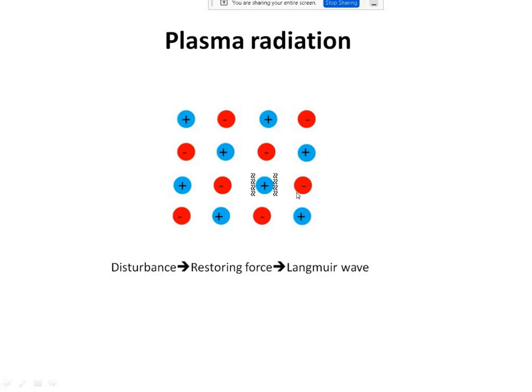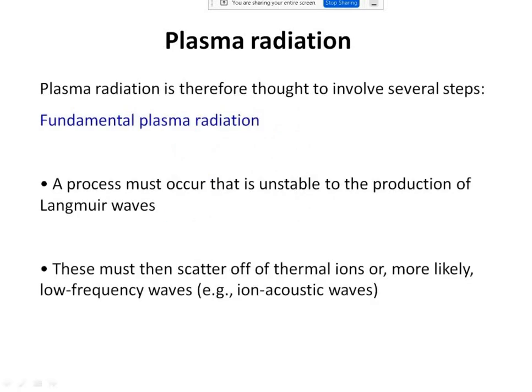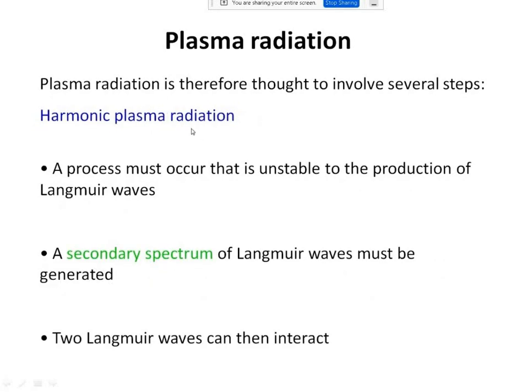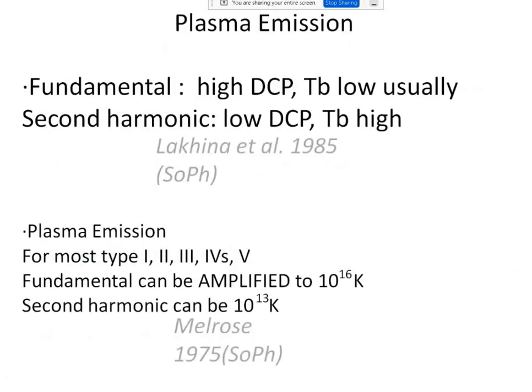So it starts to oscillate, and that's how the Langmuir wave is generated. So plasma emission is therefore thought to involve fundamental emission and second harmonic emission. For harmonic plasma radiation, a secondary spectrum of Langmuir waves will be generated, and the two Langmuir waves can then interact to generate the harmonics.